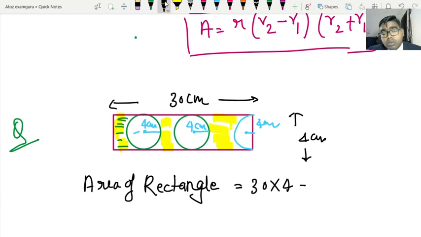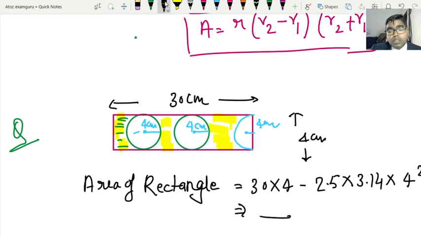So twice of 2.5 multiply 3.14 r square, where r is 4 square. Right? So if you solve all these, you will get the desired result.